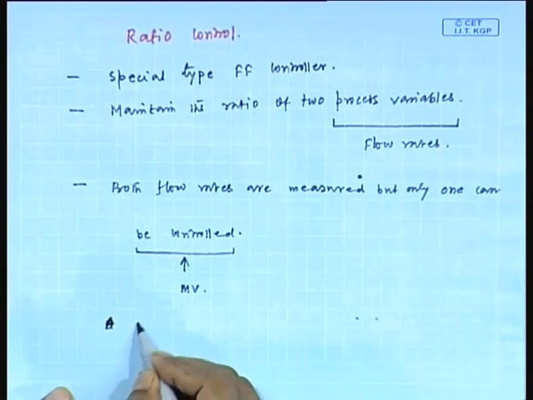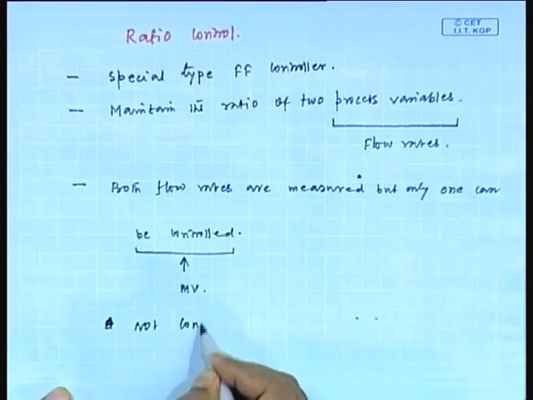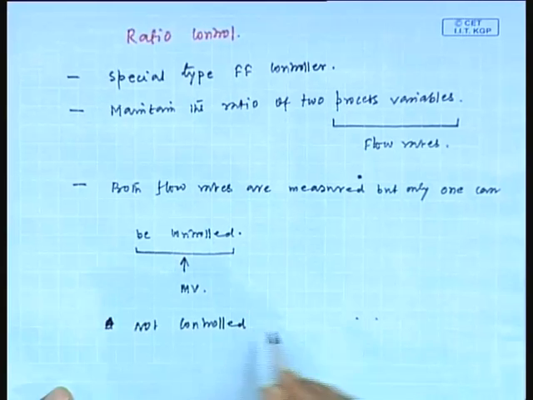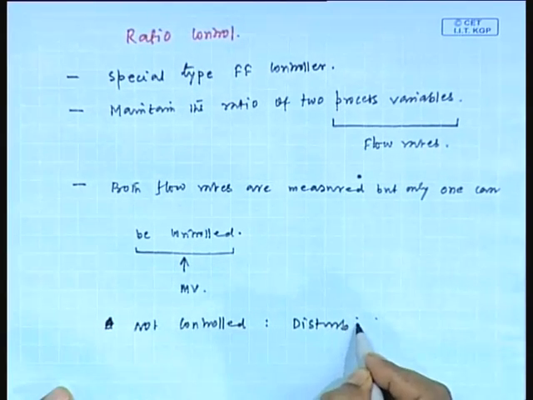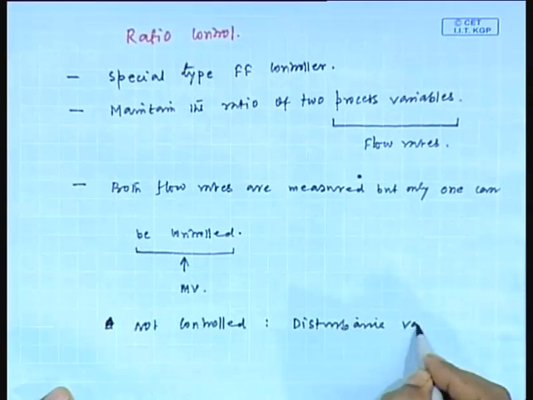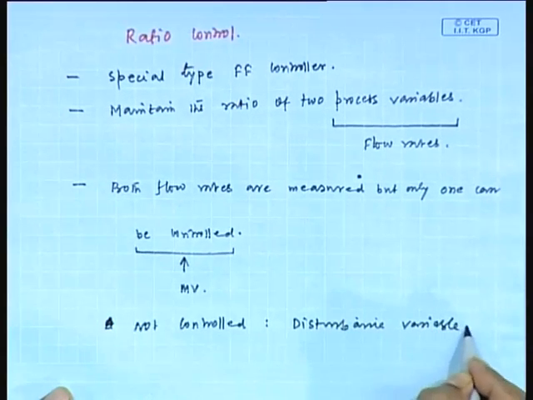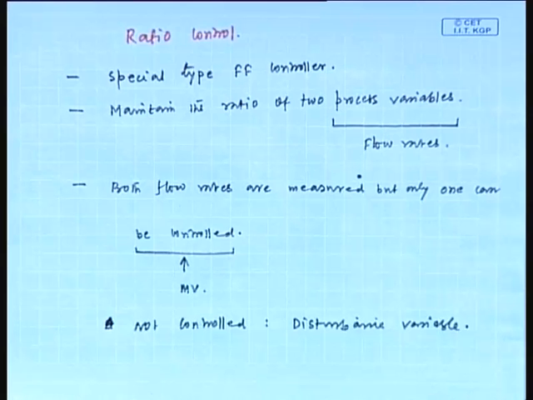The variable which is not controlled is basically the disturbance variable. So, the objective of the ratio controller is to maintain the ratio of two flow rates. Both the flow rates are measured, but only the manipulated input is controlled.